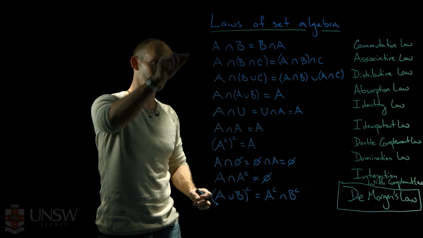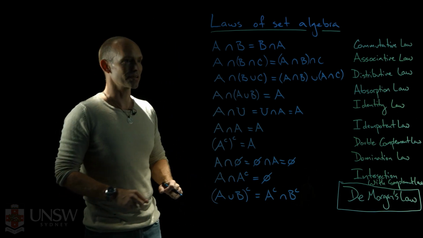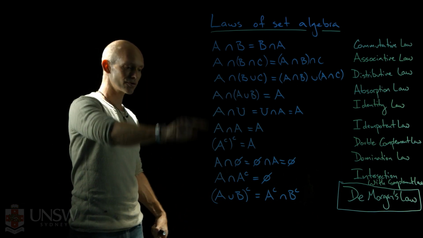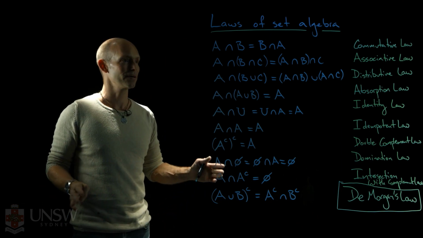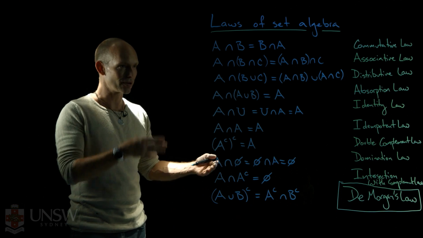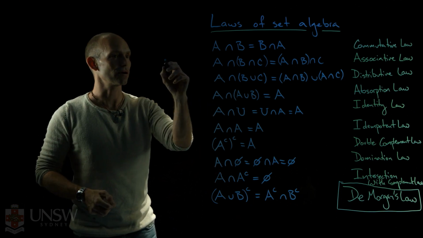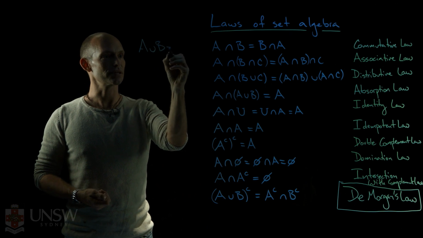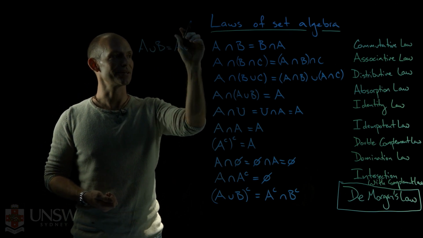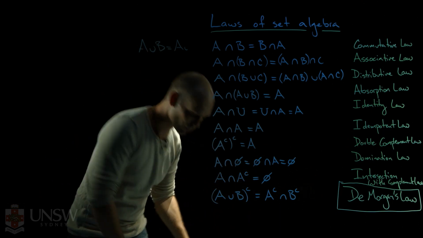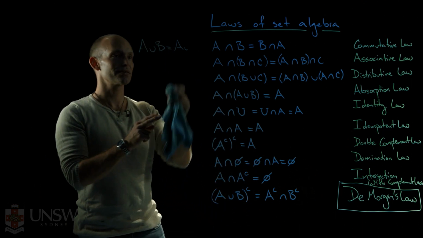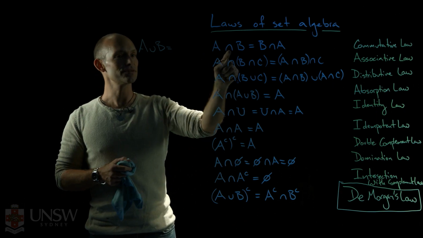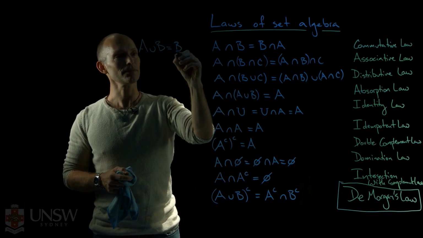Now, before we go on and look at each of the laws in particular, I should say that this is only half the list. So for every one of these laws here, there's another law. That's the dual law of it. So for instance here, I could have written also A union B is equal to B union A. So what I'm doing here is that I'm swapping the intersection with a union.